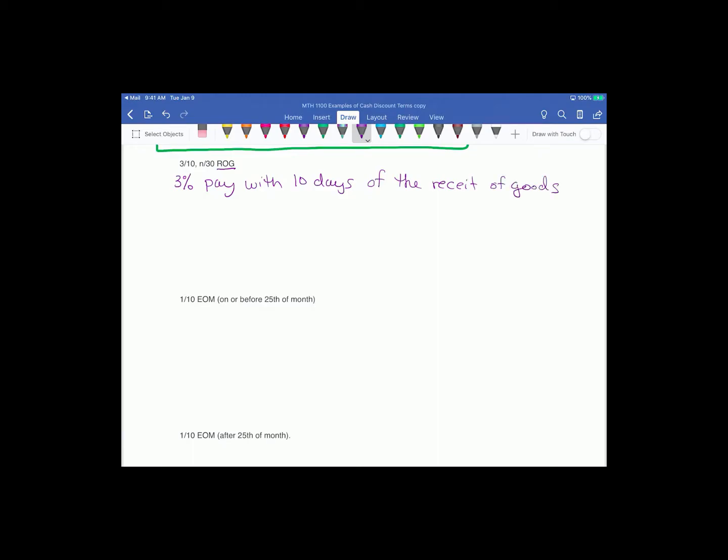And if we don't pay within 10 days and we missed the discount period, we have to pay by 30 days of the date the goods are received.